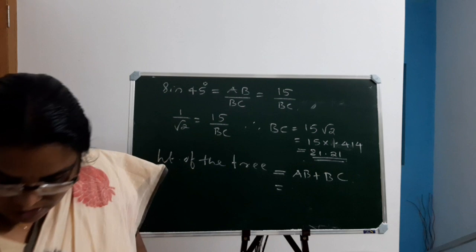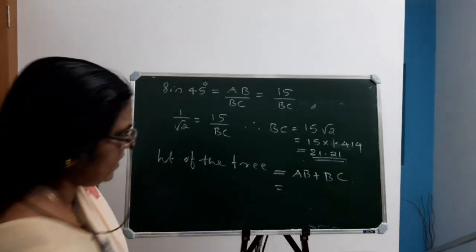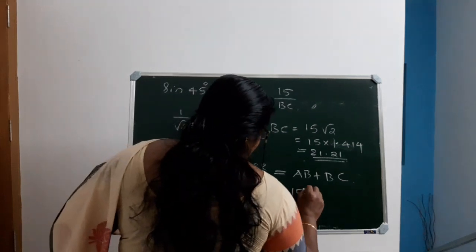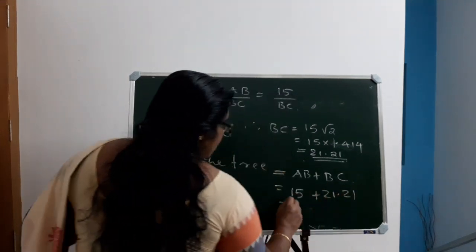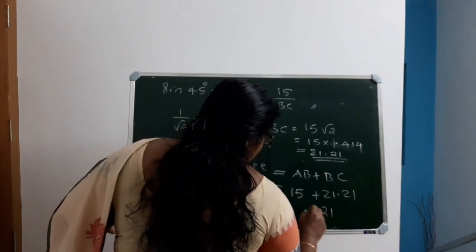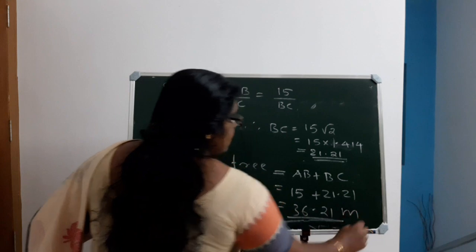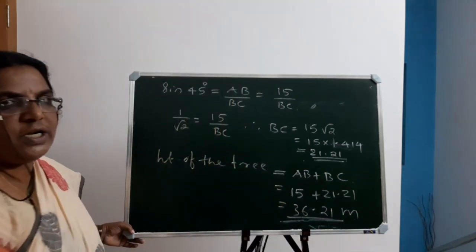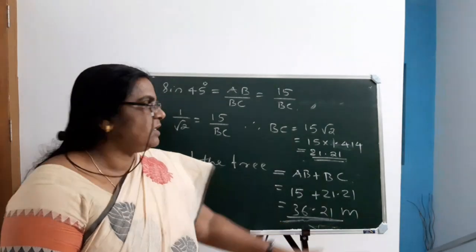How much did we get for AB? AB is equal to 15, right? 15 plus 21.21 is equal to 36.21 meters. This is the height of the tree before it was broken. Height of the tree is 36.21 meters.